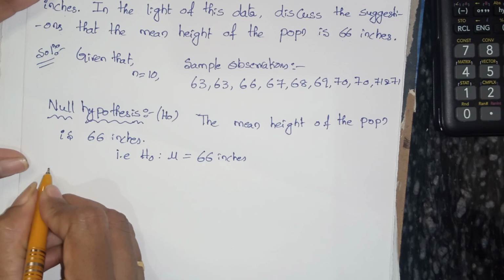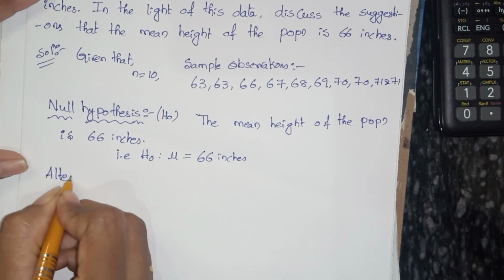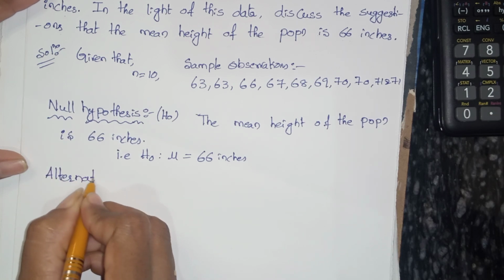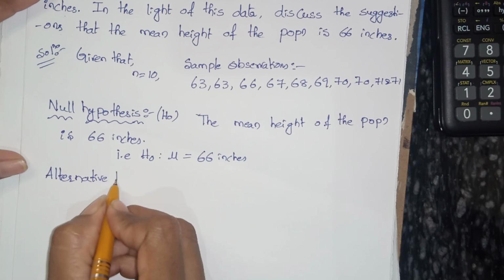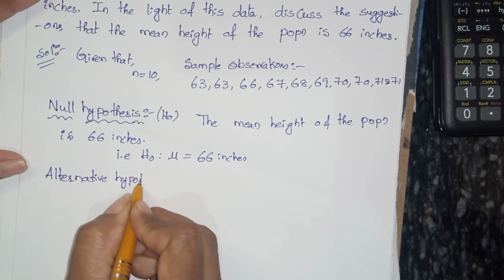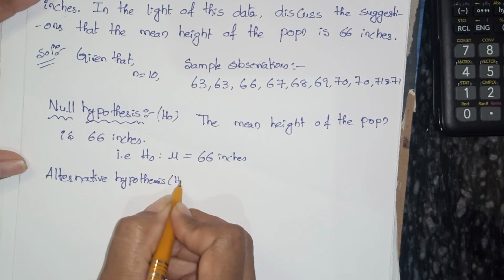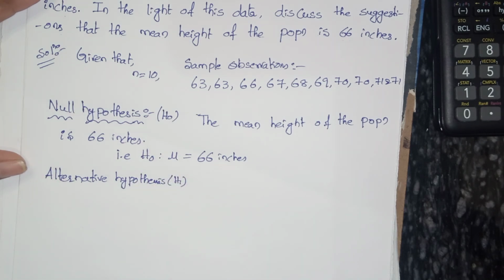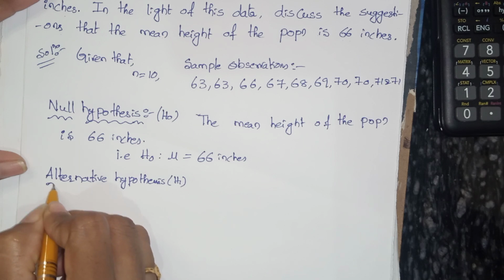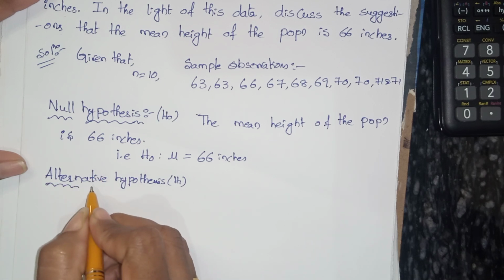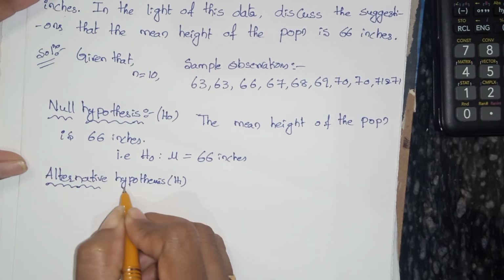Next, the alternative. We all know that the alternative hypothesis is contrary to the null hypothesis. In the null hypothesis we have taken equals to, so here we have to take not equals to.